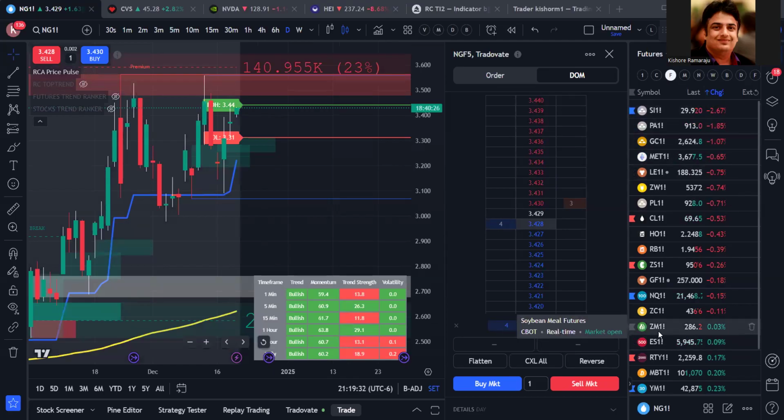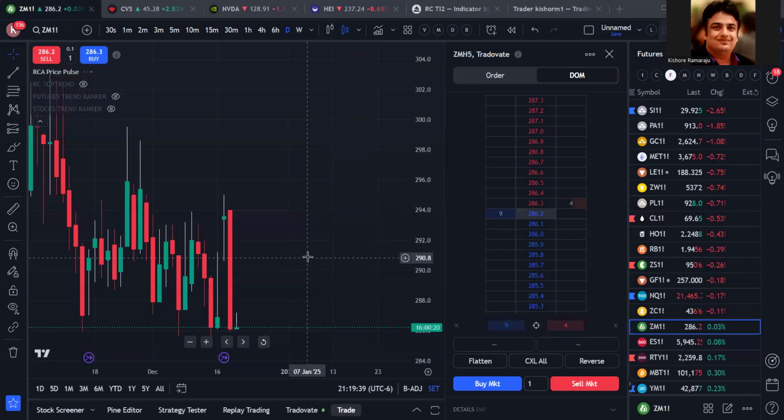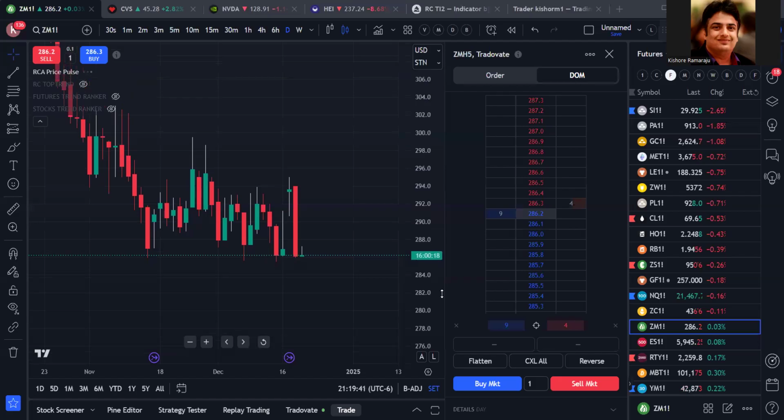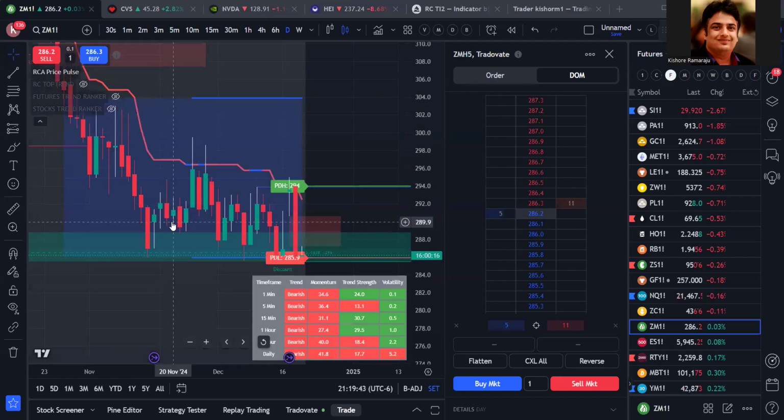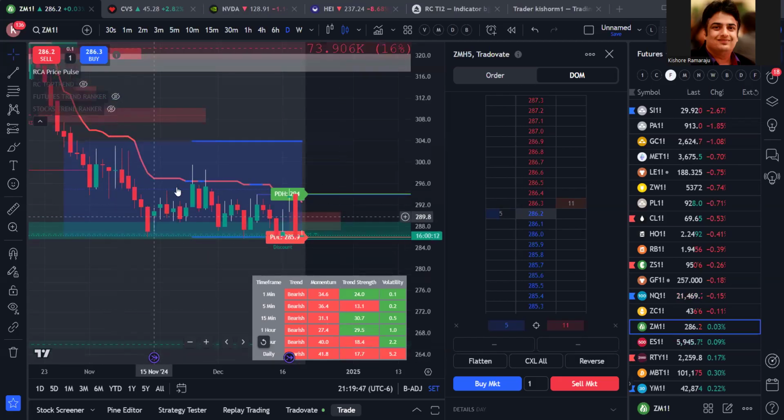But some tickers like ZM, which is only a 0.03% move, are just moving up and down, going up, coming down, going up, coming down. For these types of tickers, your bots may not make much profit because the ticker is very choppy.